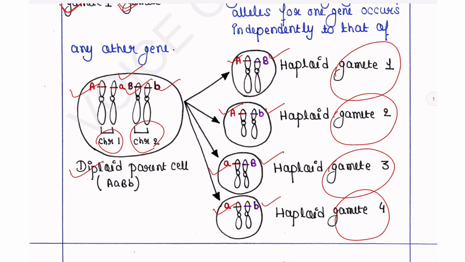Now from this event, we can understand that segregation of the capital A or small a allele occurs independently of the capital B or small b allele and vice versa. This means segregation of alleles of one gene occurs independently of that of another gene.